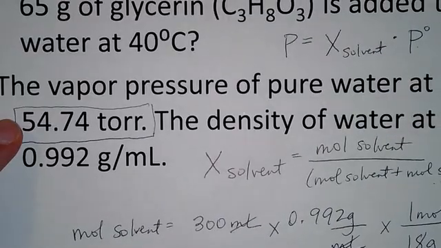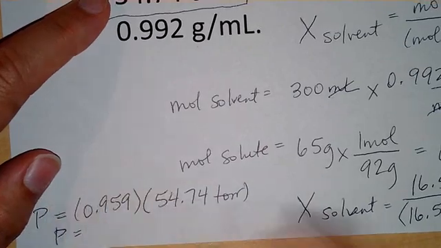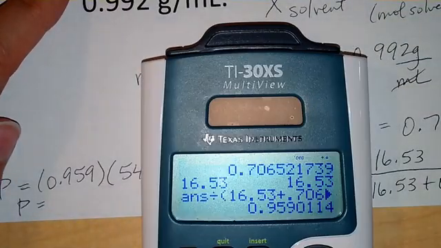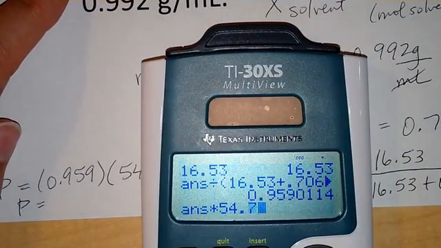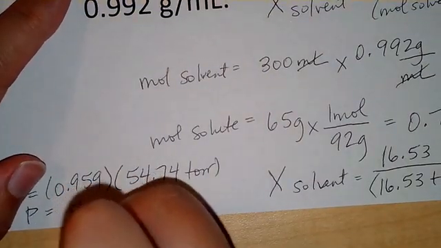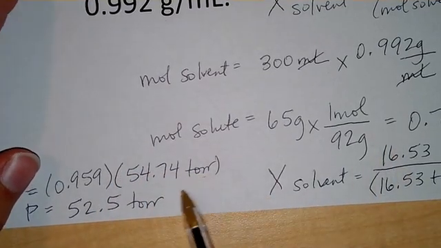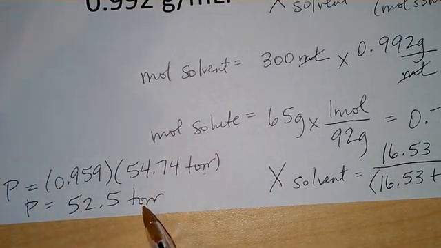Alright, so when we multiply, we get 52.5 torr. So same units we had here. So this is our new vapor pressure. It's lowered slightly from just having the water by itself because we've added a solute.